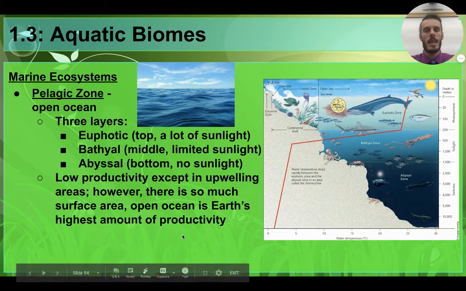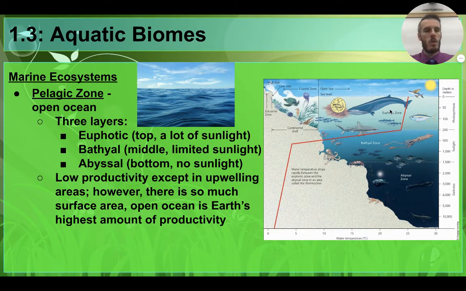Okay, so even up here in the euphotic zone, there is no place for plants to really take hold. So the only productivity that is going to occur up here is through different types of plankton, like algae. Right? So for the amount of area, there is very low productivity per unit area.